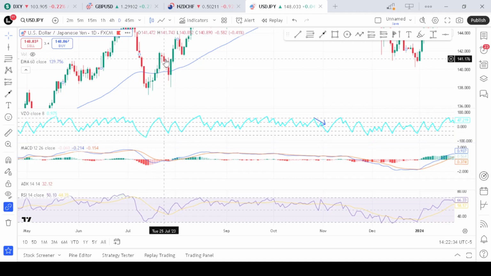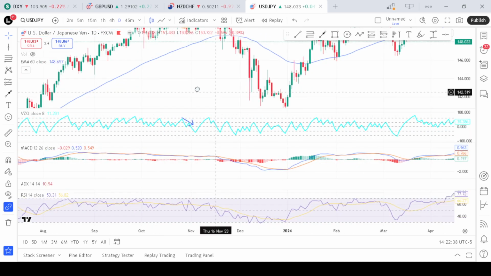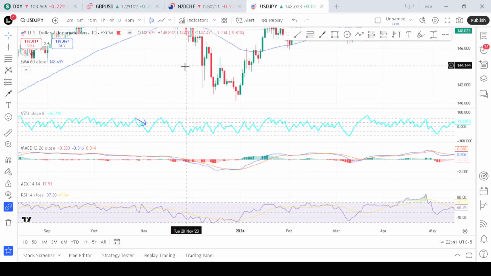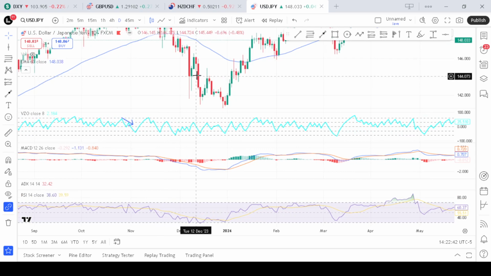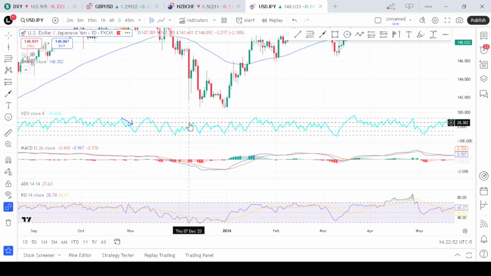Similarly, in a downtrend, if we are looking at this in a downtrend and the EMA and the ADX is less than 18, the VZO crosses below positive 40 from this area.